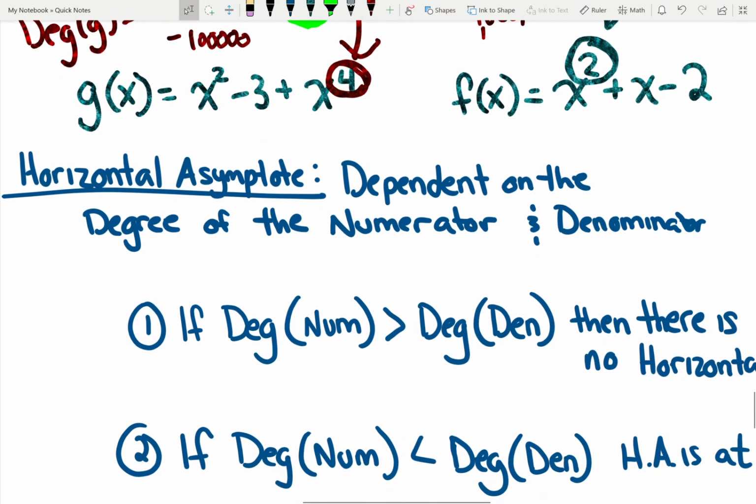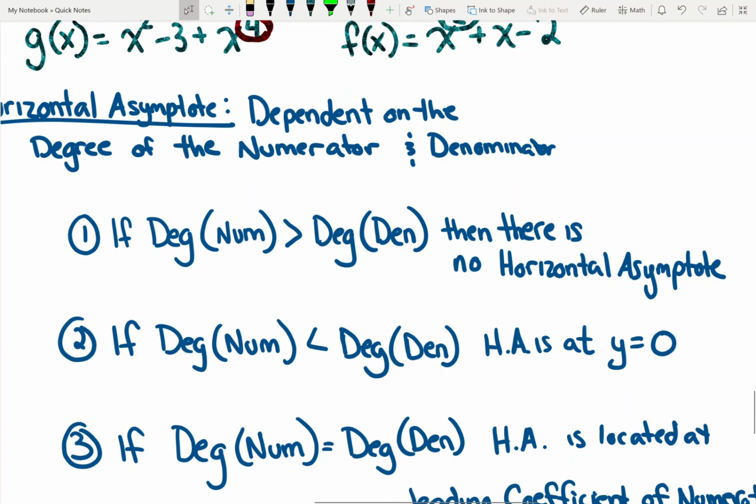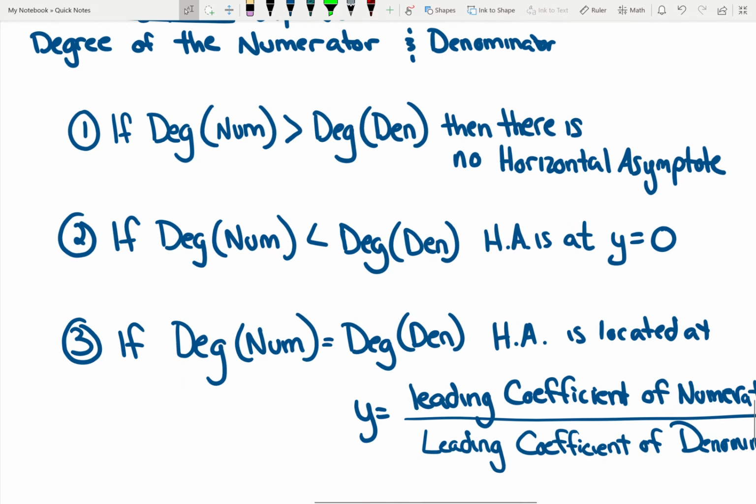here are some of the rules for horizontal asymptotes. We got 3 of them that we're going to go over. If the degree of your numerator is larger than the degree of your denominator, then there is no horizontal asymptote. The second one, if the degree of your numerator is less than the degree of your denominator, then the horizontal asymptote is at y equals 0.